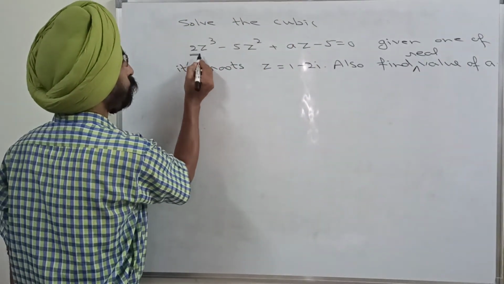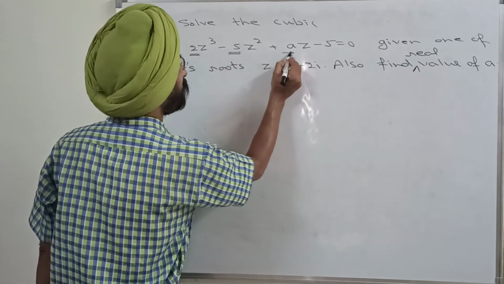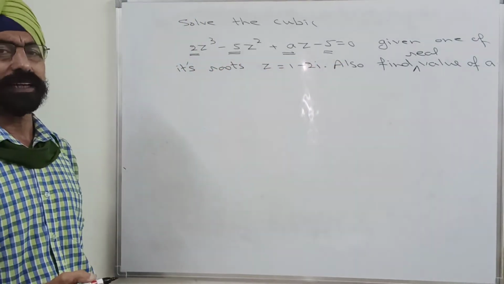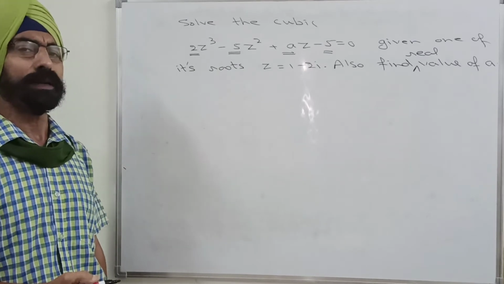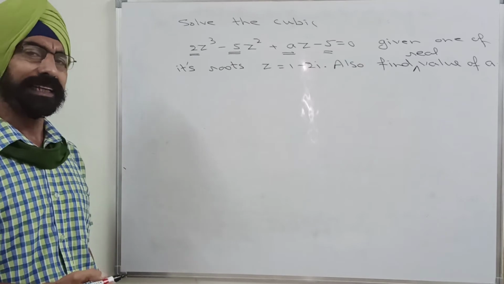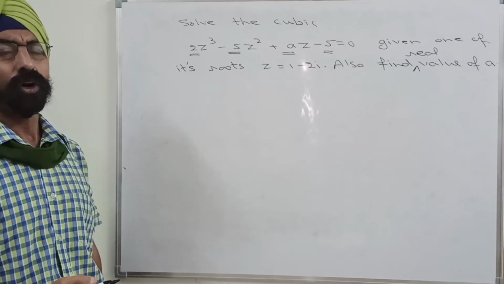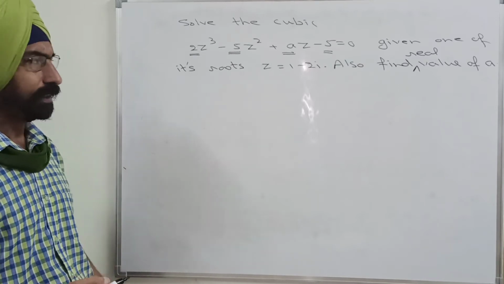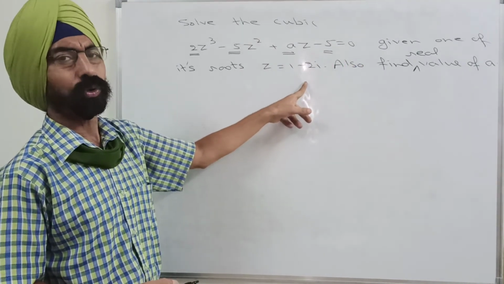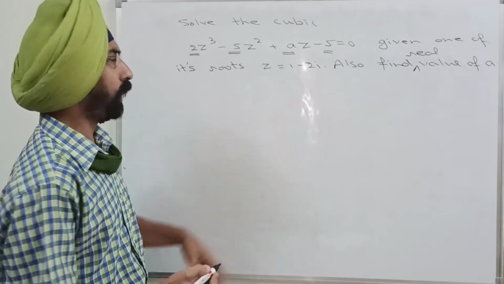First coefficient 2, second minus 5, third a, fourth minus 5. So all the coefficients are real. And if a polynomial equation has all the coefficients real, then its complex roots always occur in conjugate pairs. So if one root is given to be 1 minus 2 iota, another root must be 1 plus 2 iota.